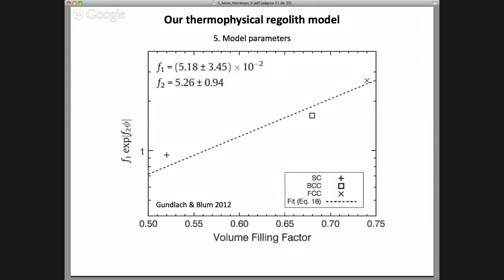You see it doesn't fit extremely well, but within 10 or 20% or so, we're fine with that. And we use that to extrapolate to lower velocities. So this is this factor with these constants.